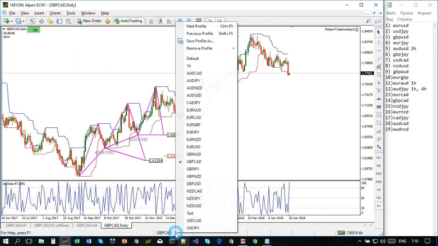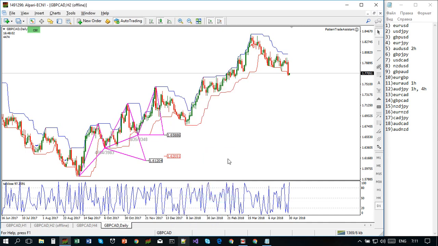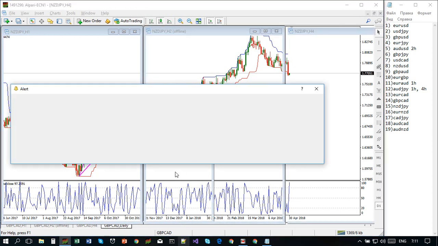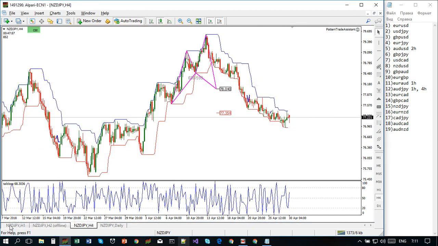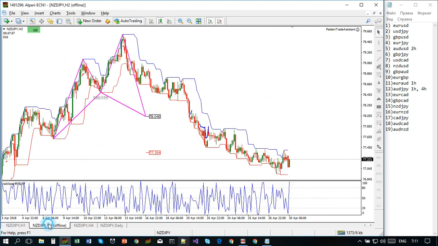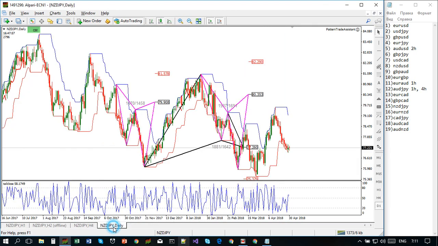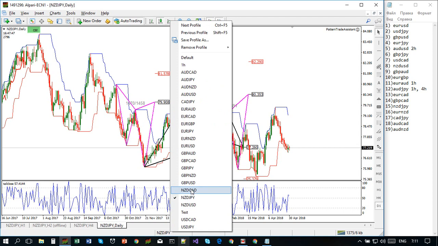New Zealand yen, NZD JPY. 4 hour, 2 hour, nothing. Euro New Zealand.